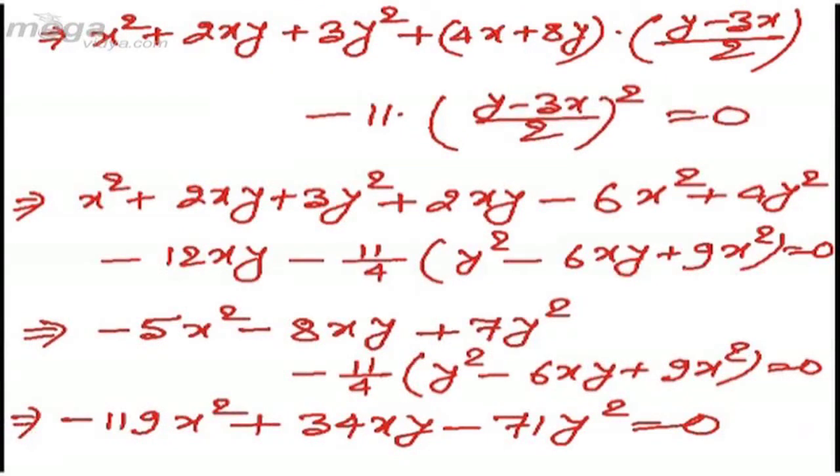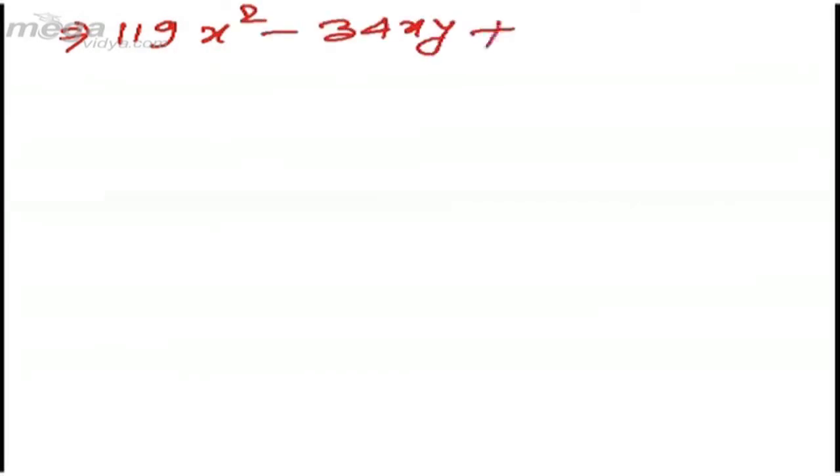If you take minus sign common, it becomes 119x square minus 34xy plus 71y square is equal to 0.